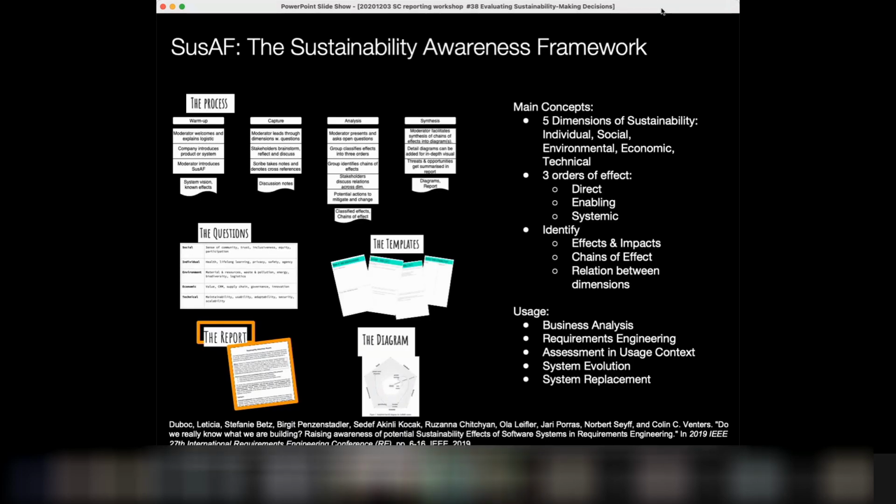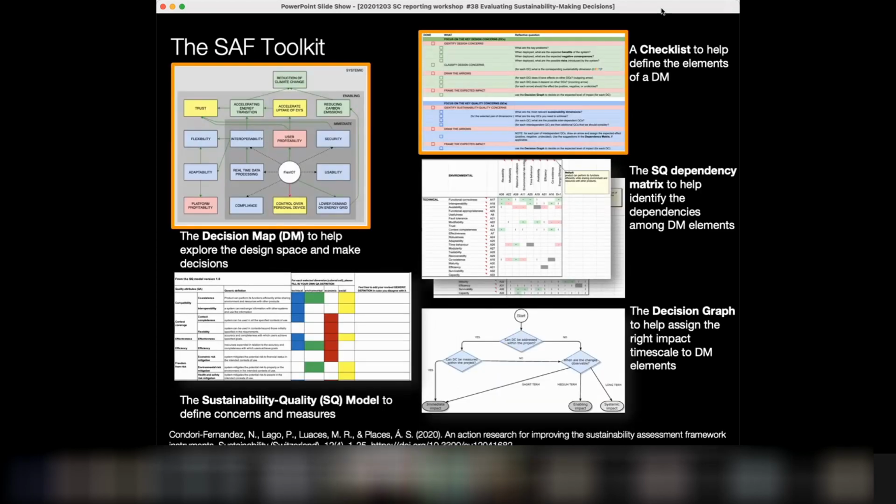What we did was take one of the outputs of SUSAF, which was the report that Birgit developed with Yepes. From this report, we identified together with the experts where to focus.